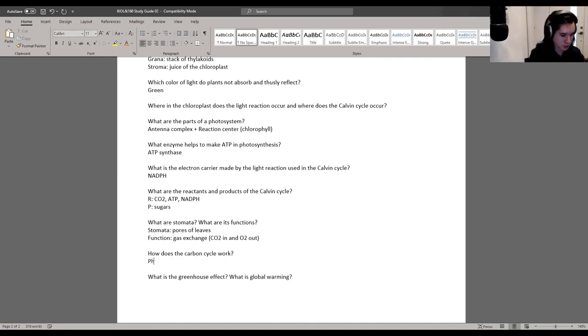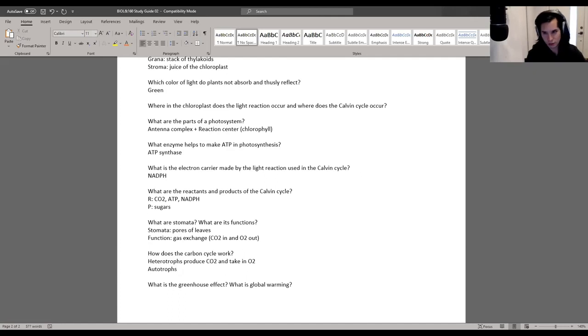So we could say heterotrophs produce CO2 and take in O2. And then your autotrophs, like your photosynthesizers, we'll put that in there.